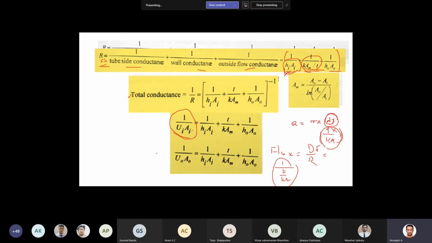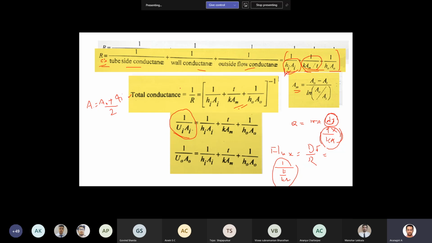Normally this A mean is the logarithmic mean of Ao and Ai, or you can take the arithmetic mean also, that is (Ao plus Ai) by 2. If your metal wall thickness is very small, you can go with the arithmetic mean. If the metal wall thickness is higher, then you have to calculate the logarithmic mean area.